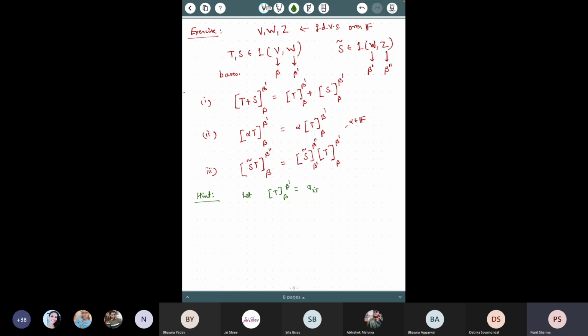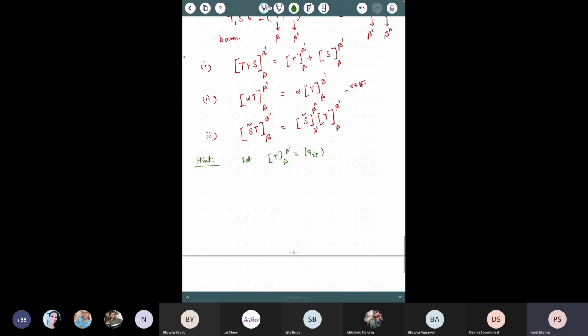That means the entries of the matrix of T are represented by these Aij's, and the matrix of S with respect to B and B dash is equal to, let's say, Bij.